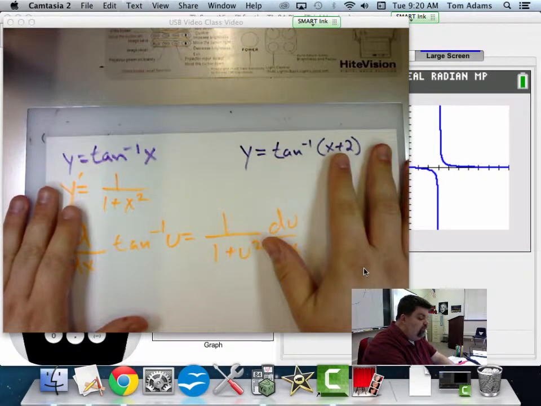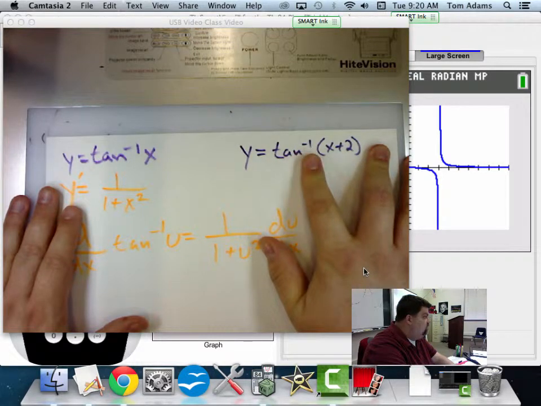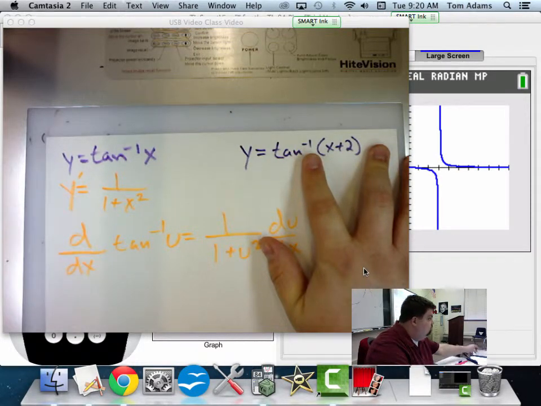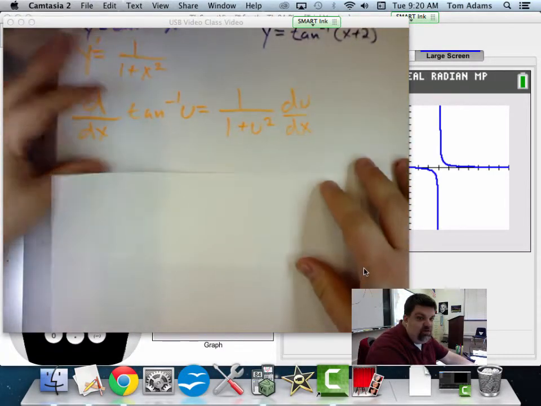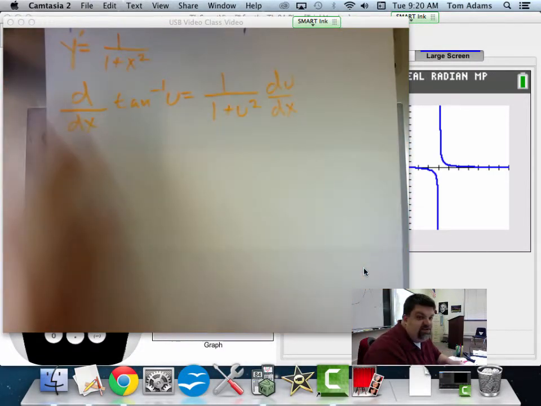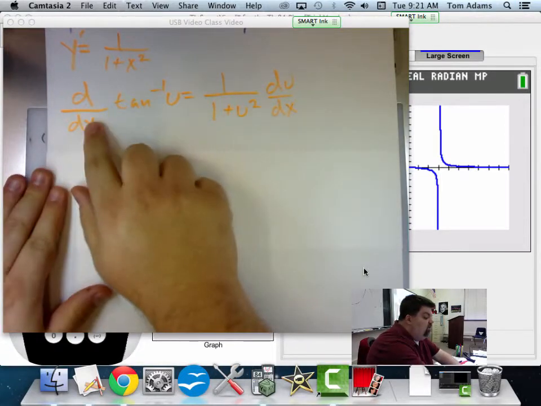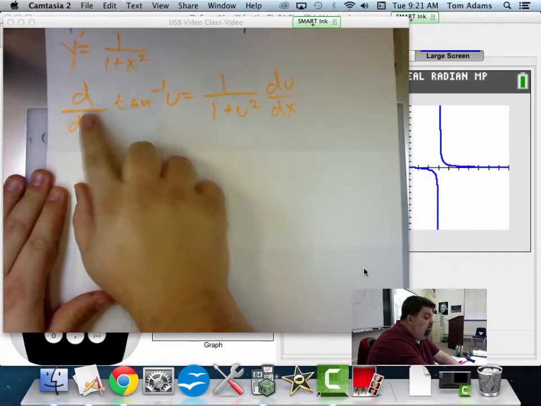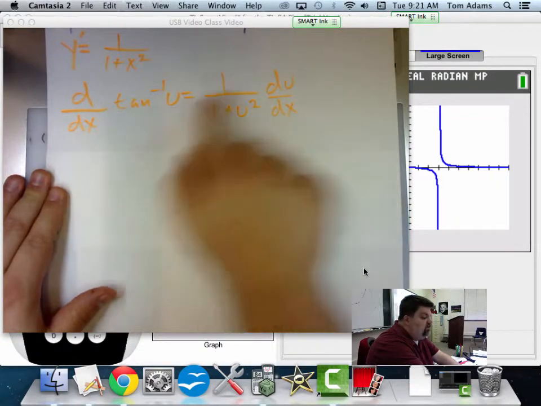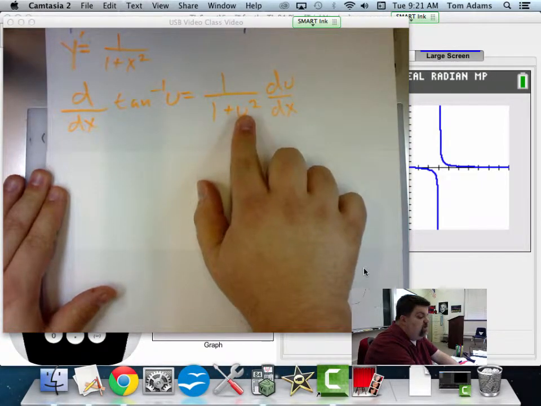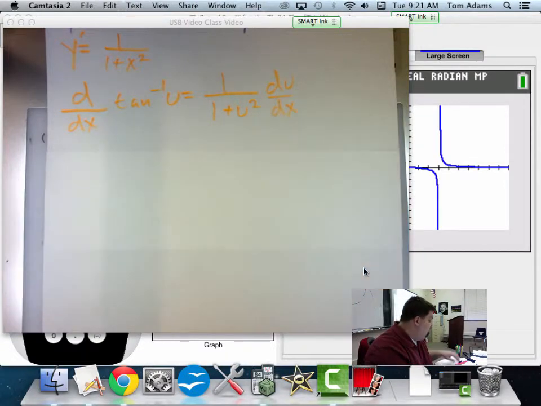So how would I go about doing that? Let's build on that. So what Mr. Adams is saying is that technically, to be a little more formal, the derivative of the arctangent of something is equal to 1 over 1 plus the something squared, times the derivative of the something.